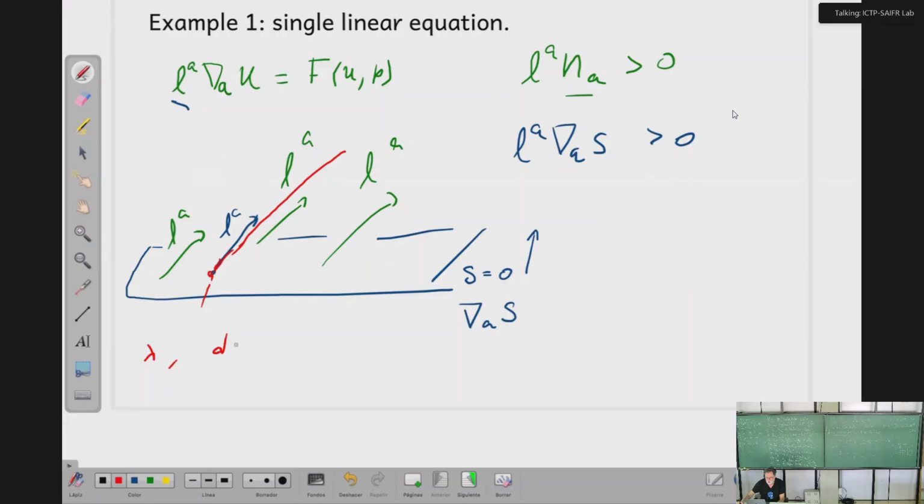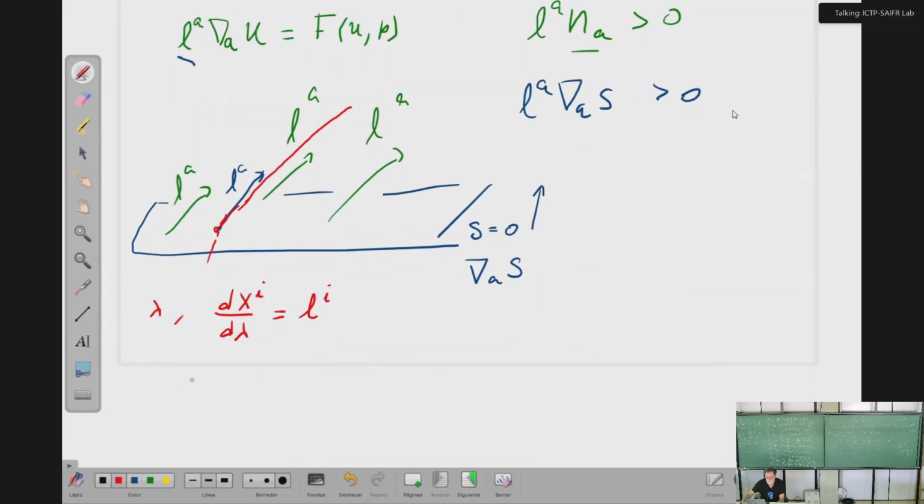So in coordinates, you have that the derivative of x^i with respect to lambda is equal to the component of this vector, and so that equation says that d x^i d lambda is L^i of u, at the point x^i of lambda, and the point itself x^i of lambda.